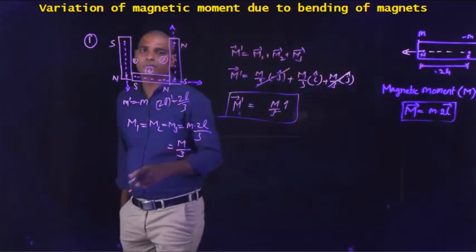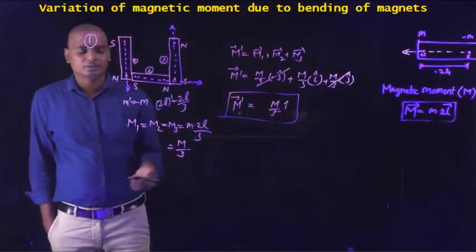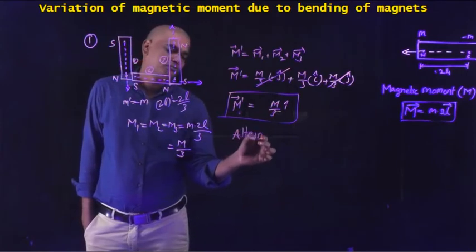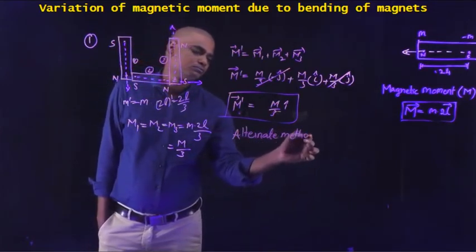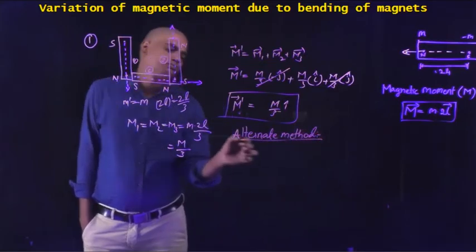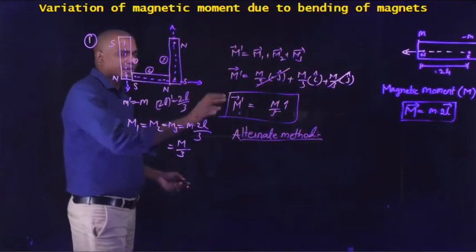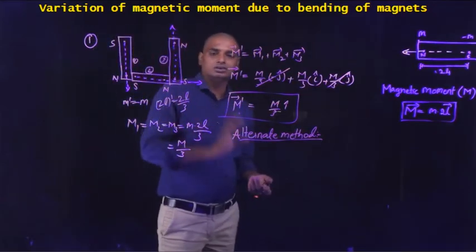A little bit complicated, so let us see an alternate method, for the calculation of the magnetic dipole moment when the magnet is bent into any shape. Let us go to our first one, that is the U shape.